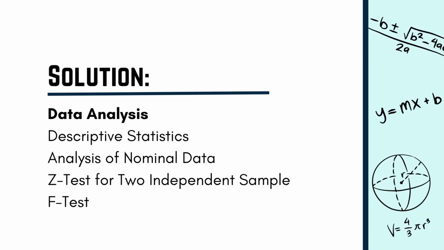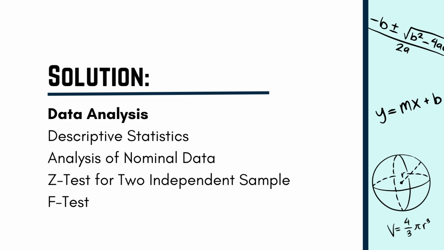We analyze the data through several solutions: descriptive statistics to determine the measure of central tendency, as well as to figure out the measure of dispersion and variation of data. Nominal data analysis works the same way as descriptive statistics but through data classification.